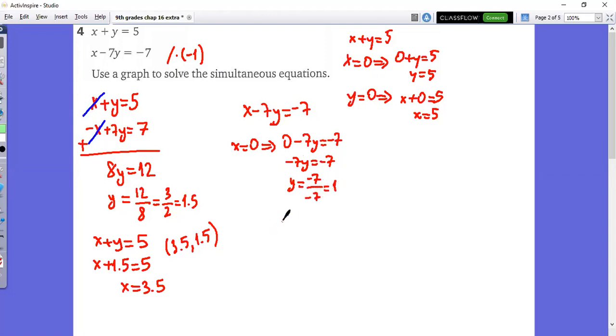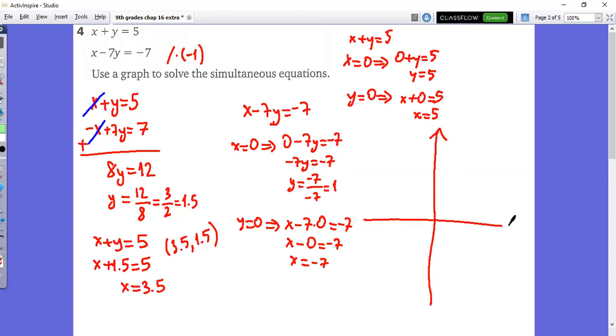And when we substitute 0 for y, what is the x-intercept? x minus 7 times 0 equals -7. That's x minus 0 is -7. Ignore 0. x is -7. Let me try to figure them correctly as much as I can.